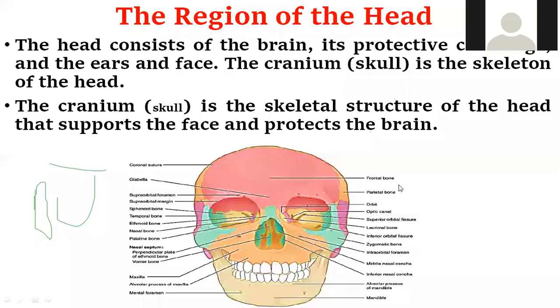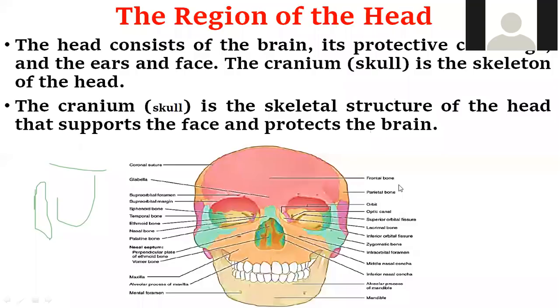Now, having said that, let us discuss the region of the head. The head consists of the brain, its protective covering, that is the meninges. From the structure you can see on your screen, you have the ear and the face as part of the structures that make up the head region.